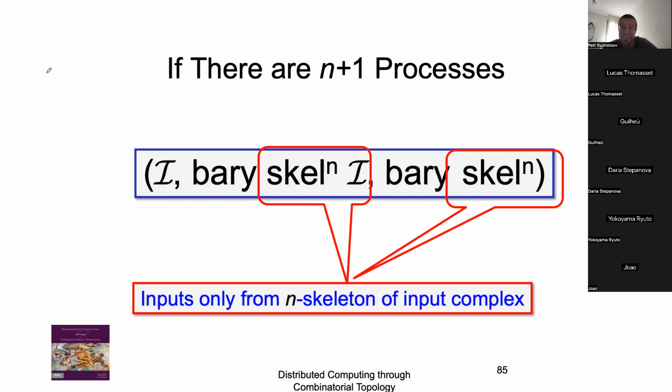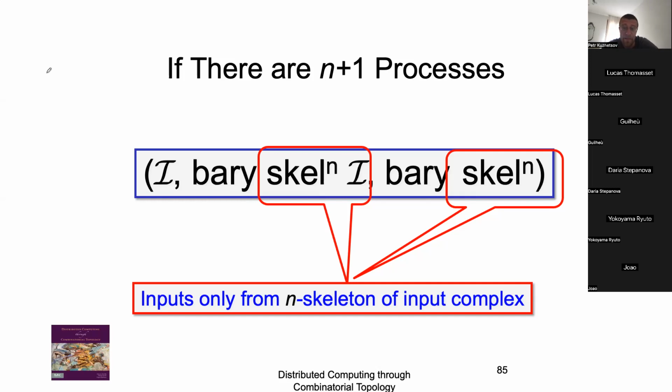So it's equivalent to considering this n-dimensional skeleton of my input complex. In the same way, the output complex of the task is going to be n-dimensional, because in a system of n+1 processes you cannot produce more than n+1 outputs. It is going to be an n-dimensional complex because you take the skeleton of dimension n of the input complex and then apply barycentric subdivision to it.